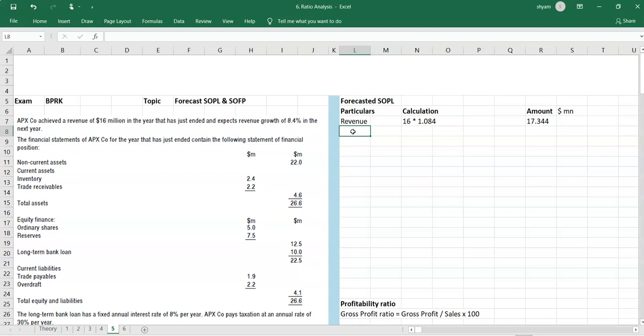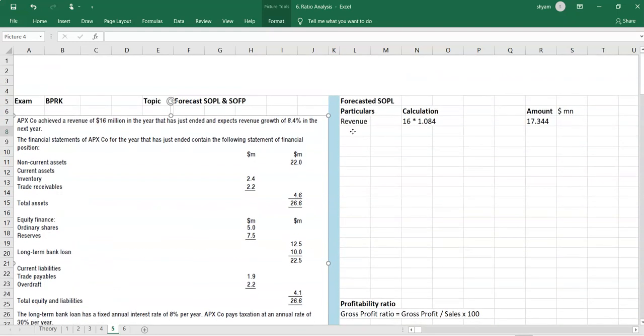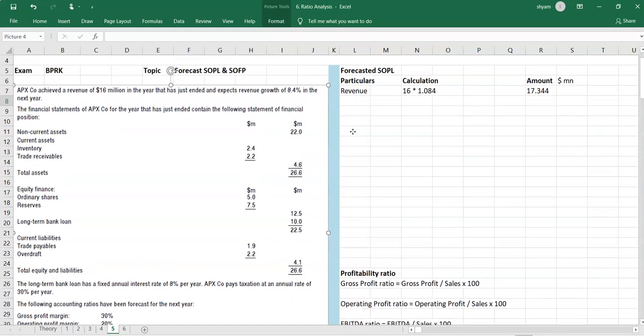Next is to get the other numbers. The next one he has given us is gross profit.